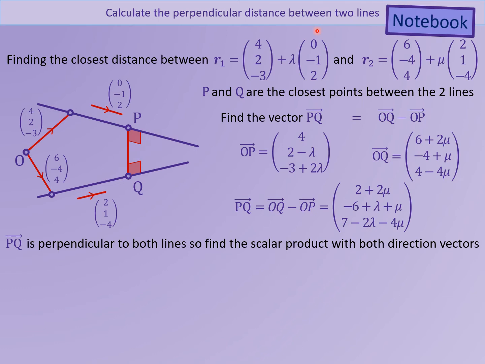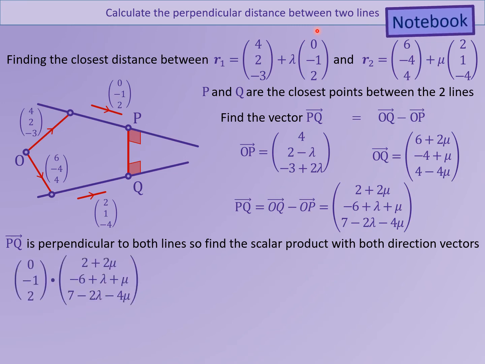So as we've previously said, PQ is perpendicular to both of the lines. So if we were to find the scalar products of PQ with the direction of either of the two lines, we would get 0. So this is the scalar product of PQ with the direction vector of the first line.